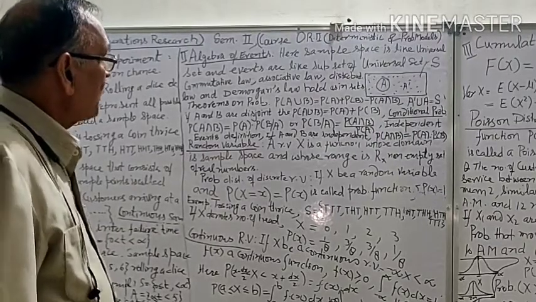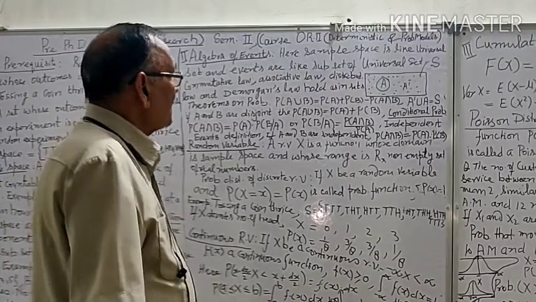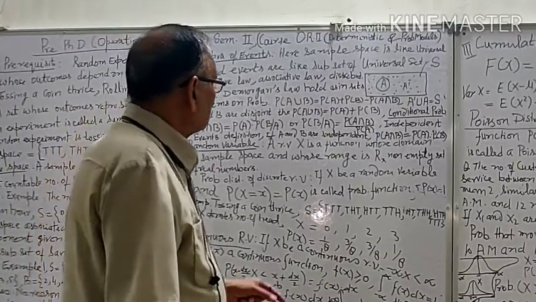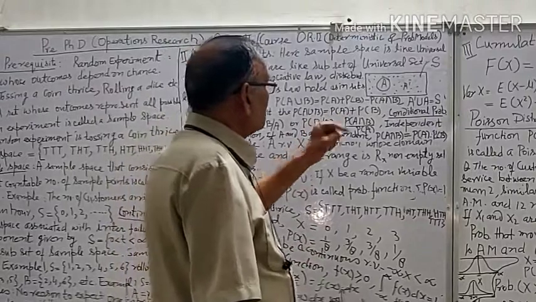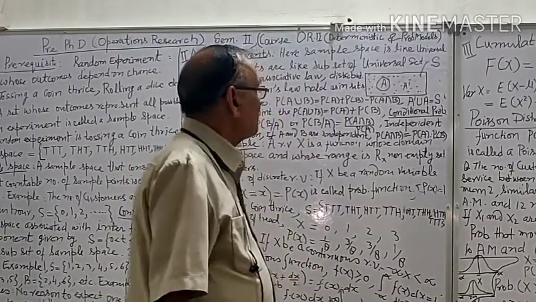Therefore, in case A and B are disjoint events, the probability of A union B is equal to probability of A plus probability of B.